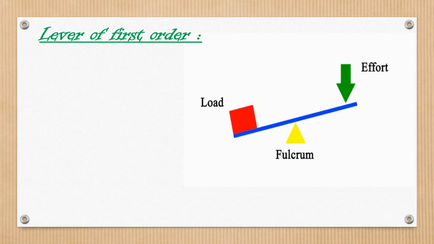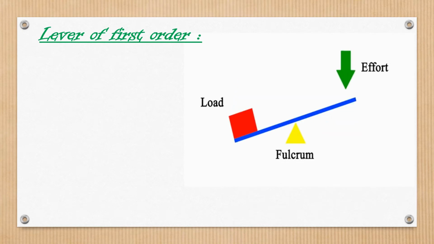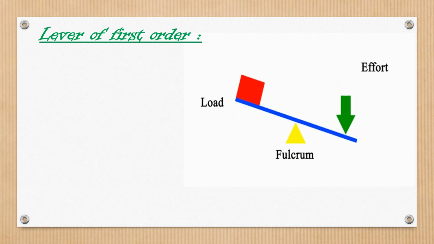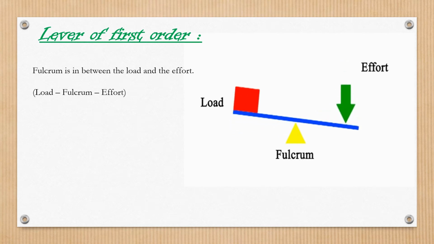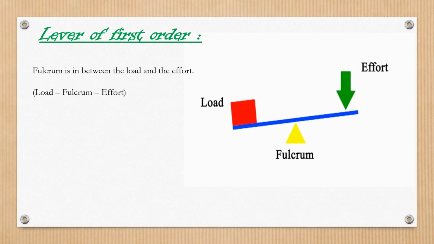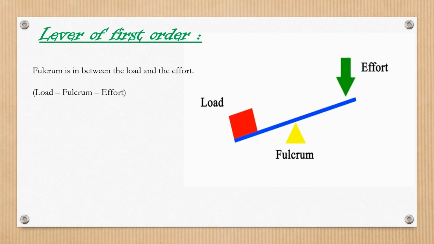Students, now let's understand the lever of first order. Now, lever of first order is a type of lever which has fulcrum in between the load and the effort. Its order is represented as load, fulcrum, and effort. This is the most basic type of lever.